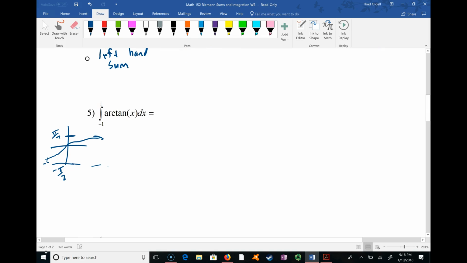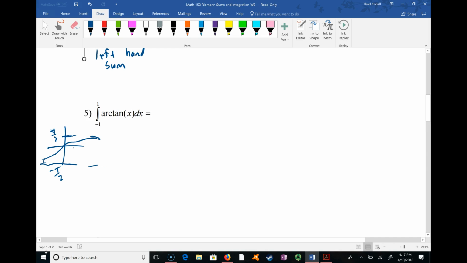And since pi over 2 is like 1.6-ish, then that means that 1 and -1 would cut it off somewhere. So 1 and -1 would be right in here somewhere.